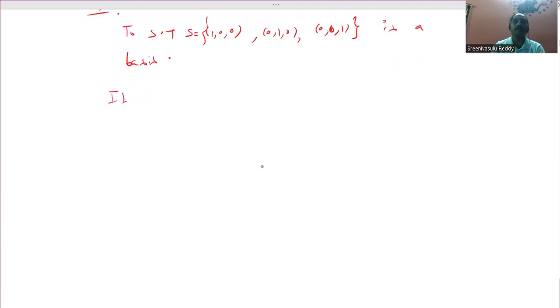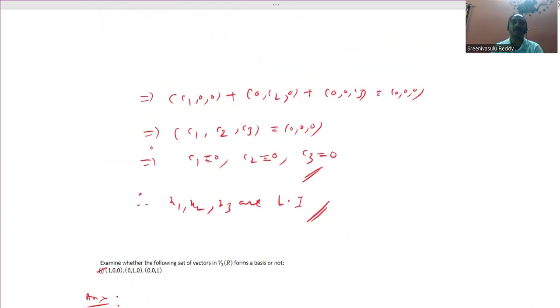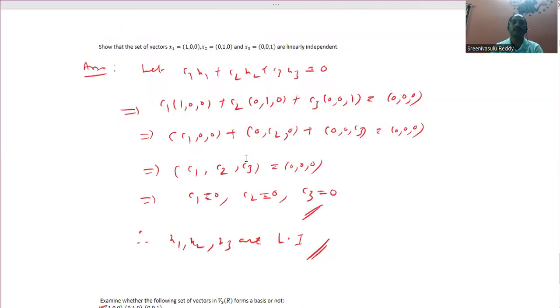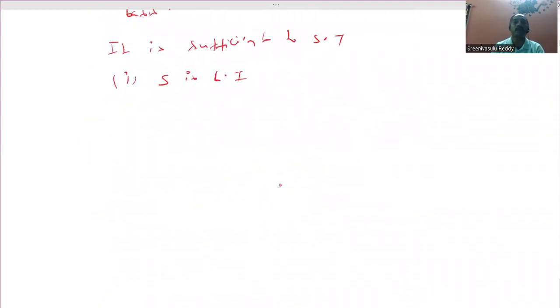It is sufficient to show two conditions. First condition: S is linearly independent. S means these 3 vectors, already proved in the previous problem. Just now I proved x1, x2, x3 in the above problem, so I am not interested in proving it one more time. Just copy the above answer.